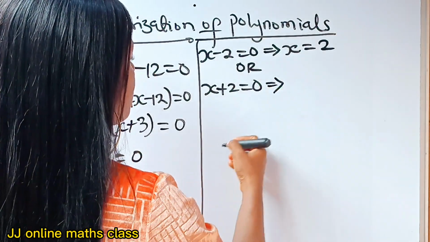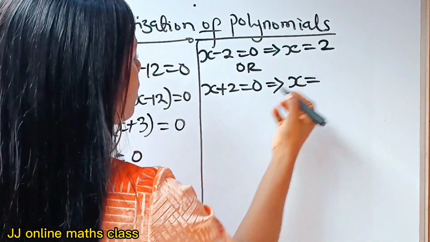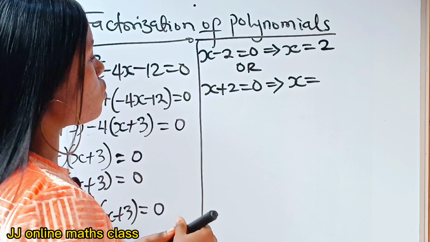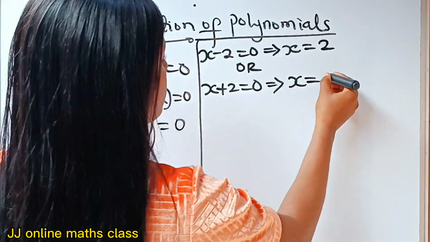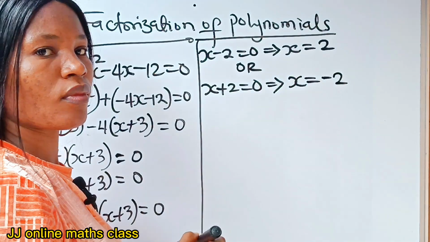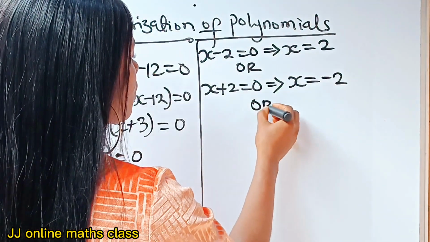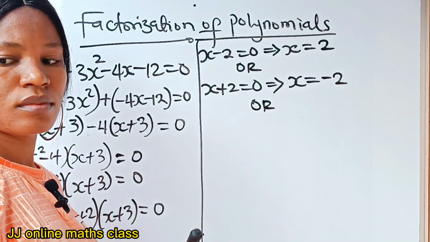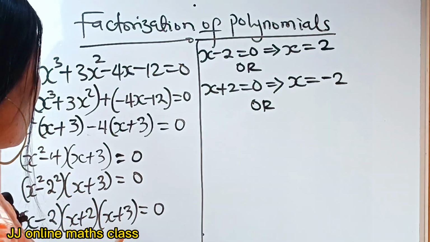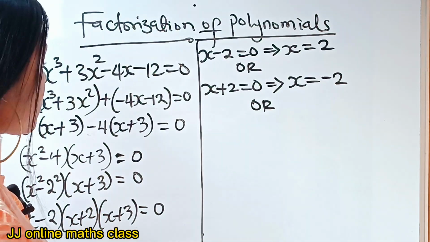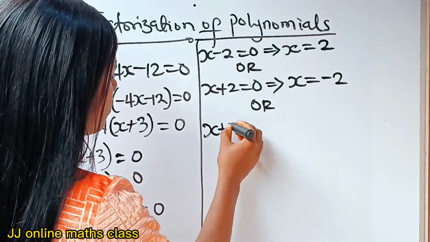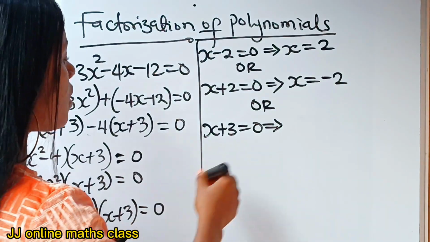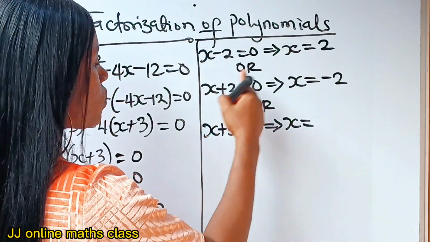So this means that our x is equal to, this plus 2 will cross over to become minus 2, and 0 minus 2 is minus 2. Okay, or the third bracket is x plus 3 is equal to 0. Now this implies that our x is equal to what?